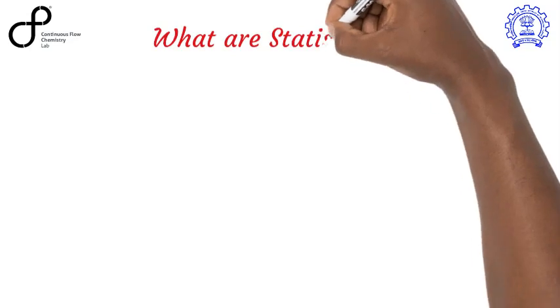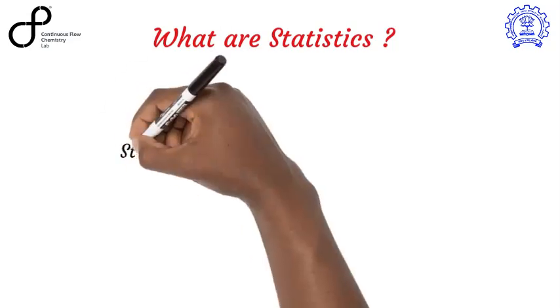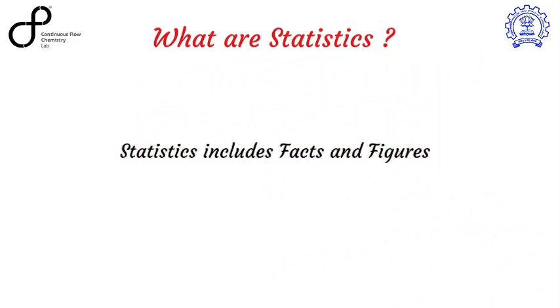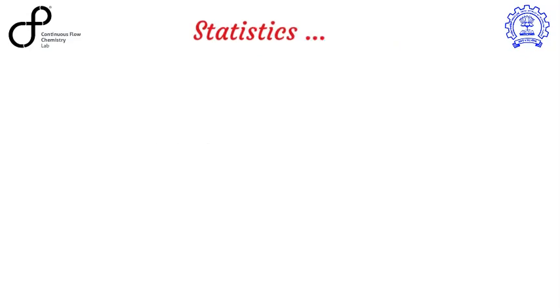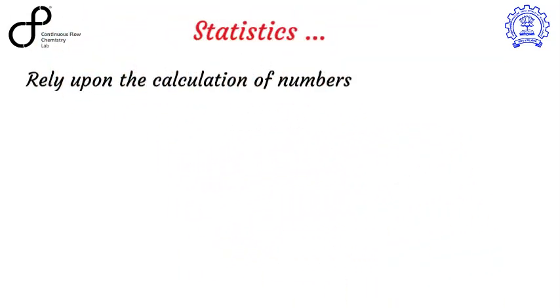The very first question to be asked is, what are statistics? Statistics include facts and figures. Let us look more deeply into it. The study of statistics involves math and relies upon calculations of numbers.